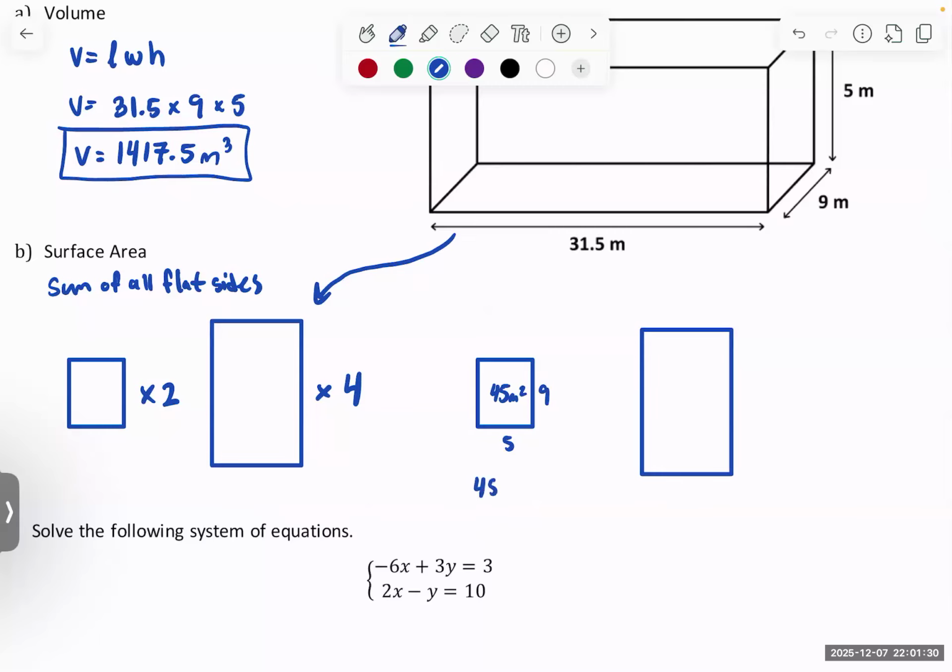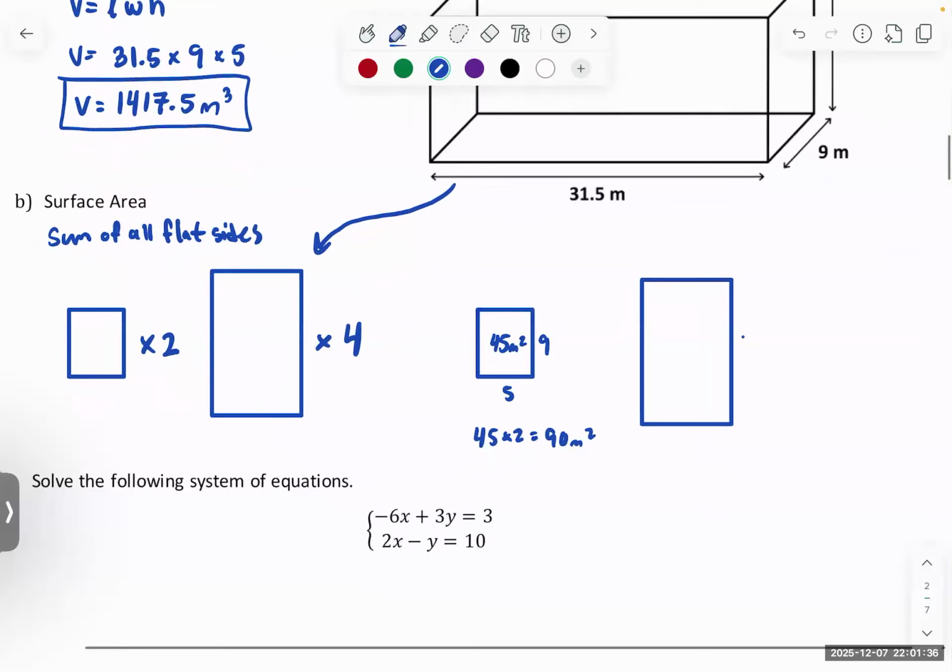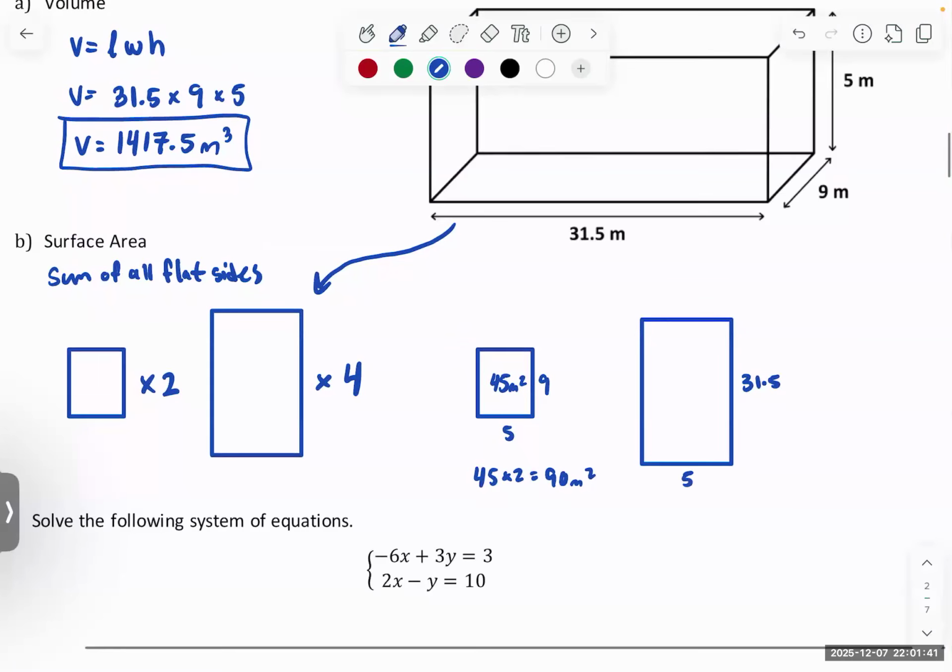So 45 times 2 is 90 meters squared. And then this one is 31.5 by 5. And again, the area of any rectangle is base times width or length times height or whatever.